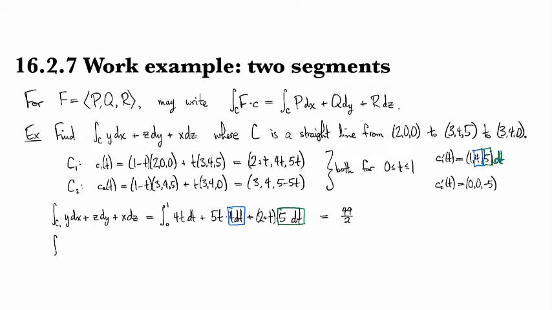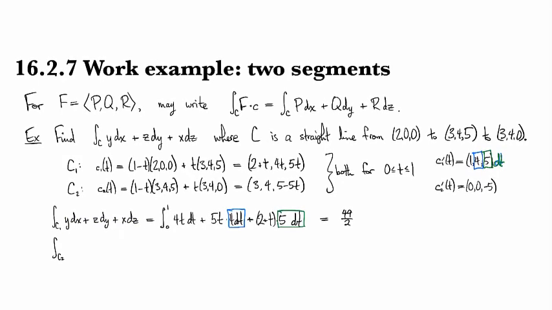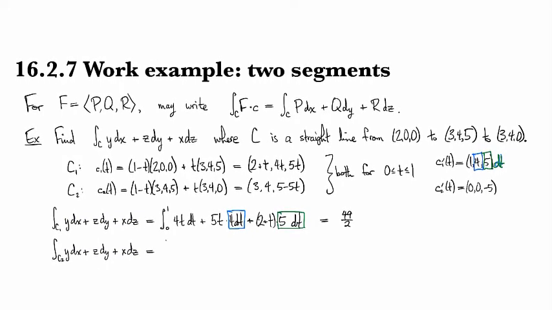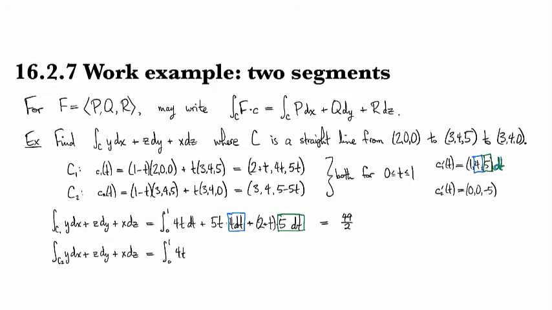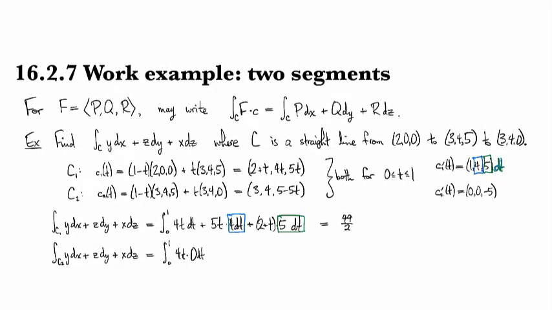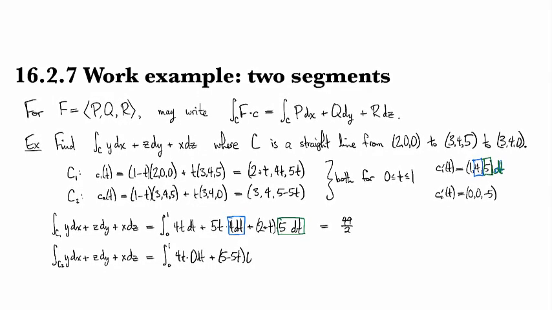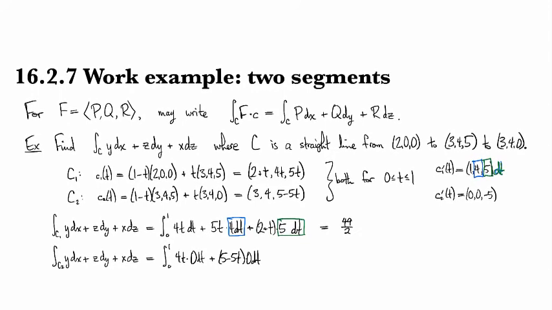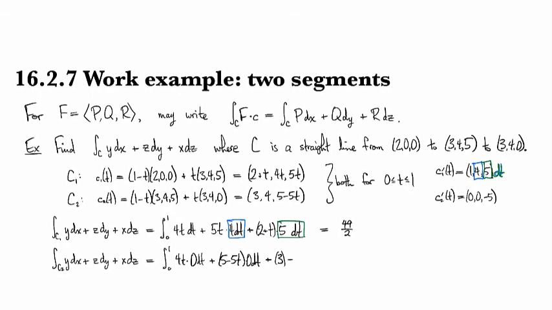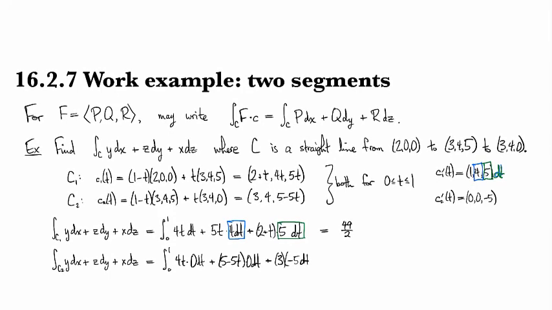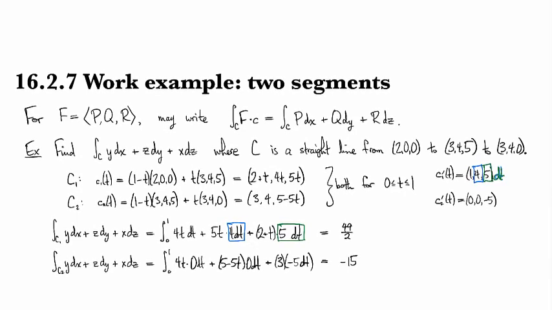Okay, then my other integral, and let me just be lazy and copy that. So this is once again going to be from 0 to 1, and now I'm going to have 4t times 0 dt plus 5 minus 5t times 0 dt and 3 times minus 5 dt. So I get a little bit of something right there at the end. And when I integrate that, I get minus 15.